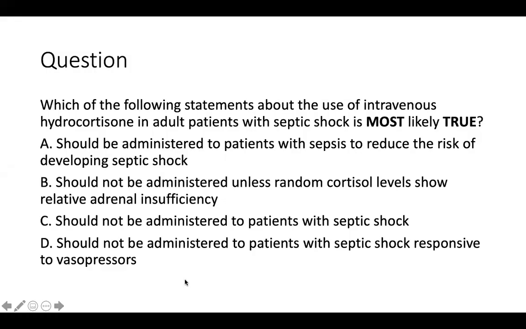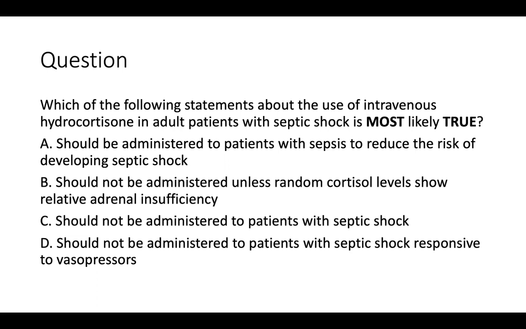Okay, question. Which of the following statements about the use of IV hydrocortisone in adult patients with septic shock is most likely true? Should be administered to patients with sepsis to reduce the risk of developing septic shock; should not be administered unless random cortisol levels show relative adrenal insufficiency; should not be administered to patients with septic shock; or should not be administered to patients with septic shock responsive to vasopressors.